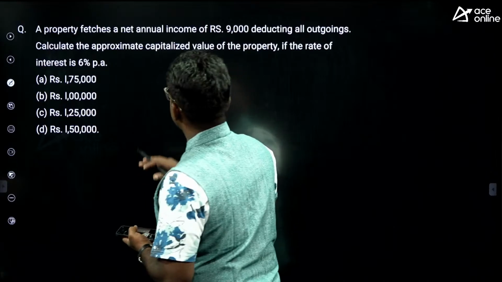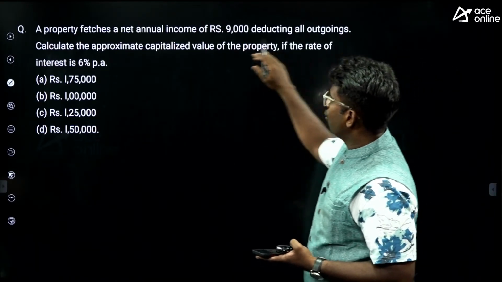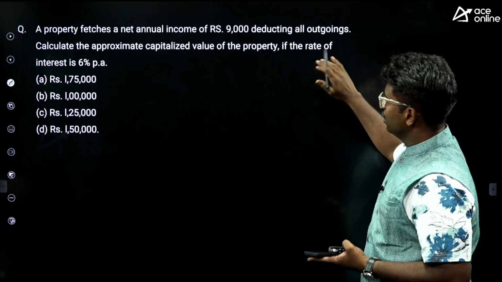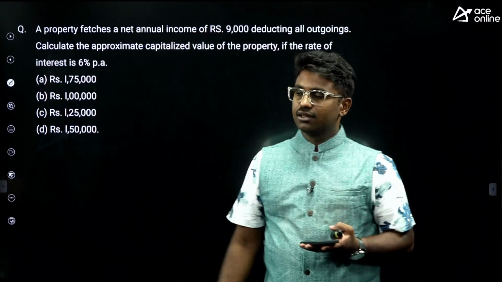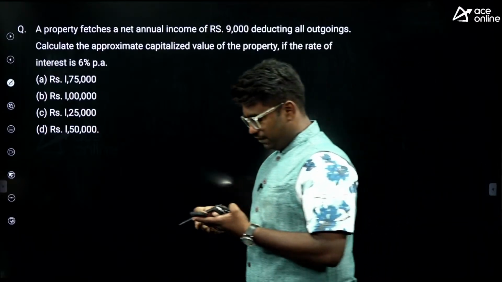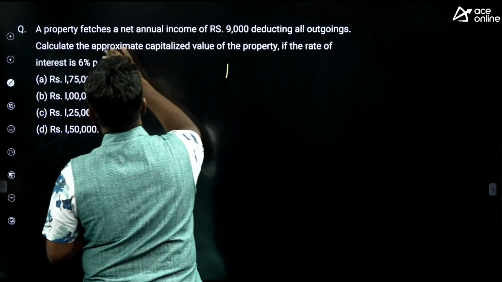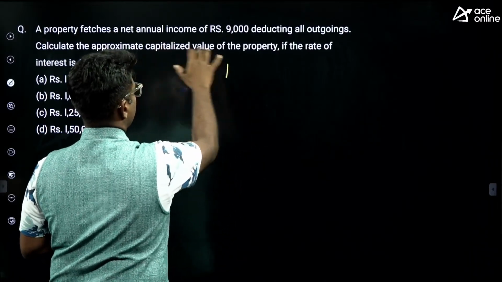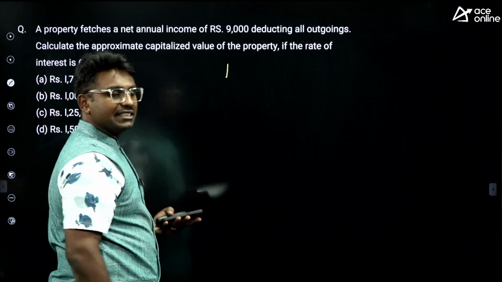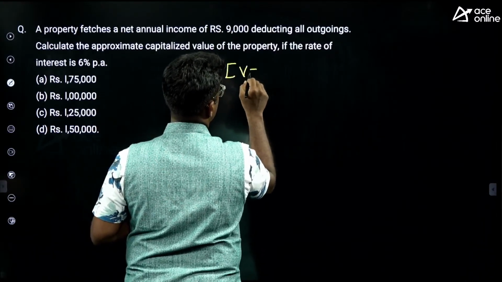Next one. A property fetches a net annual income of rupees 9,000, after deducting all outgoings. Calculate the approximate capitalized value of the property if the rate is 6% per annum. What is the capitalized value formula first of all?